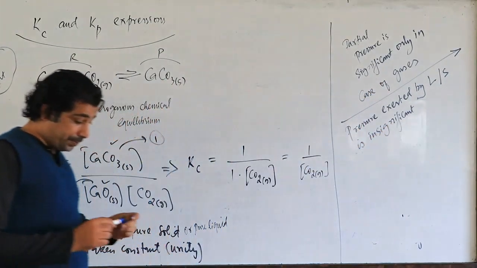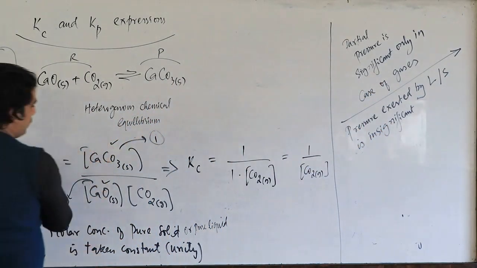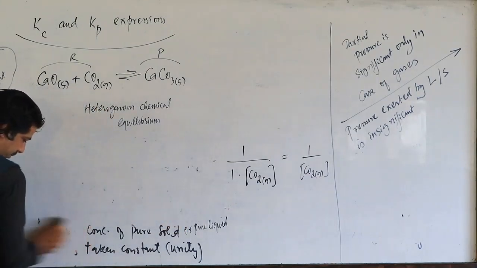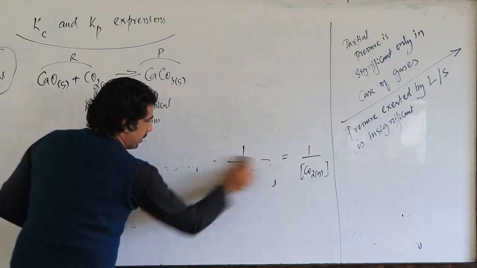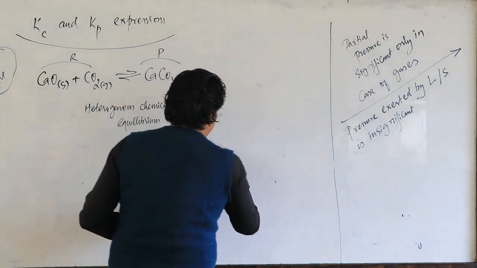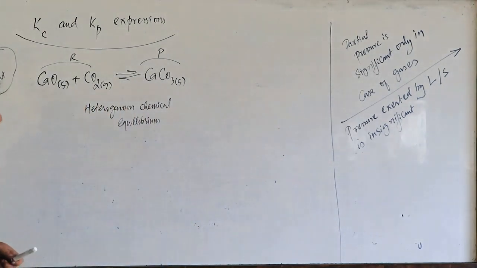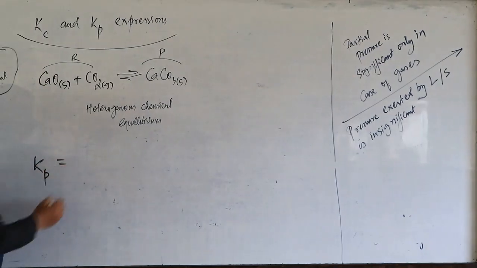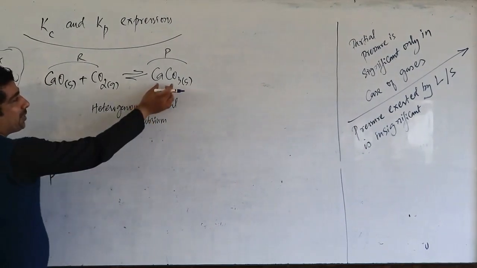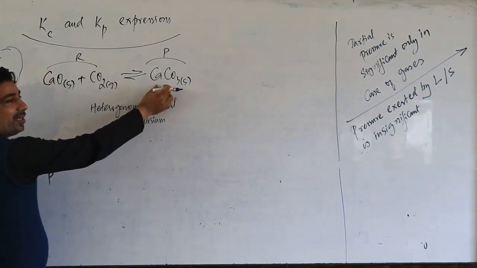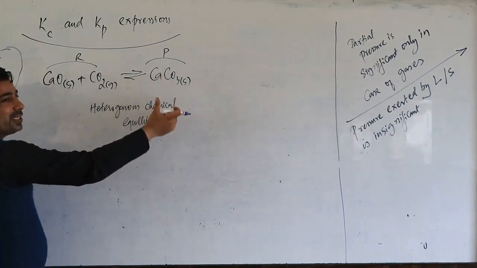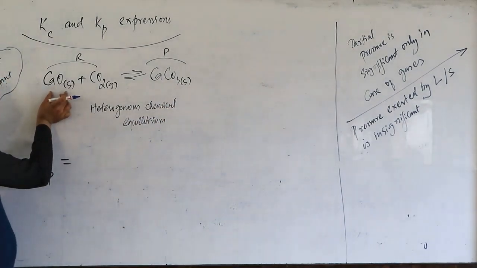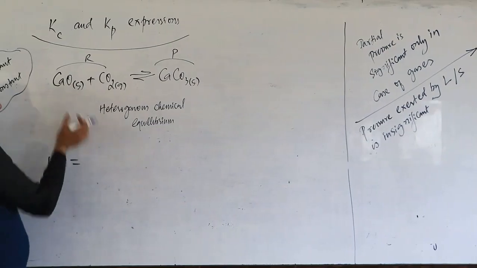So let's have a look here. So let us take the Kp expression now. Kp is equal to, my dear friends, it has to be the partial pressure of solids. But remember, the partial pressure of solids is insignificant. Okay? So even the partial pressure of this solid reactant will also be insignificant. So obviously what will happen?